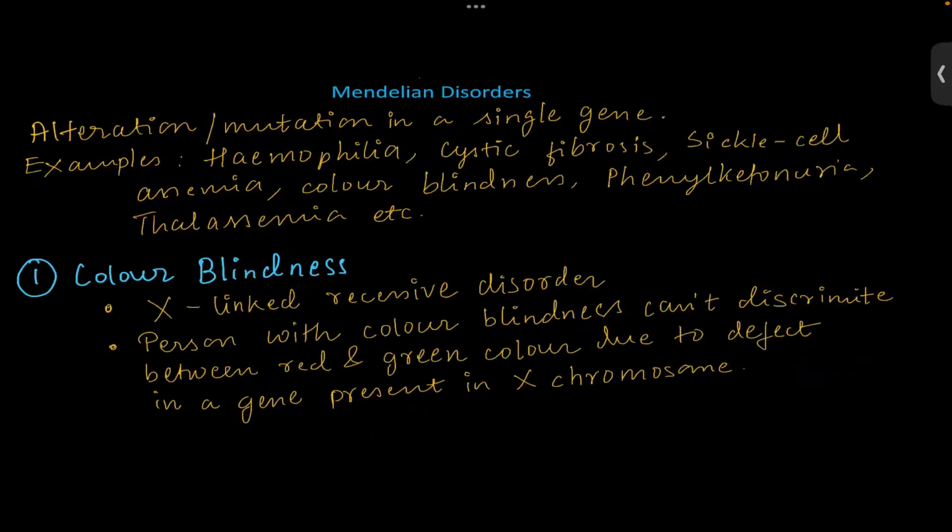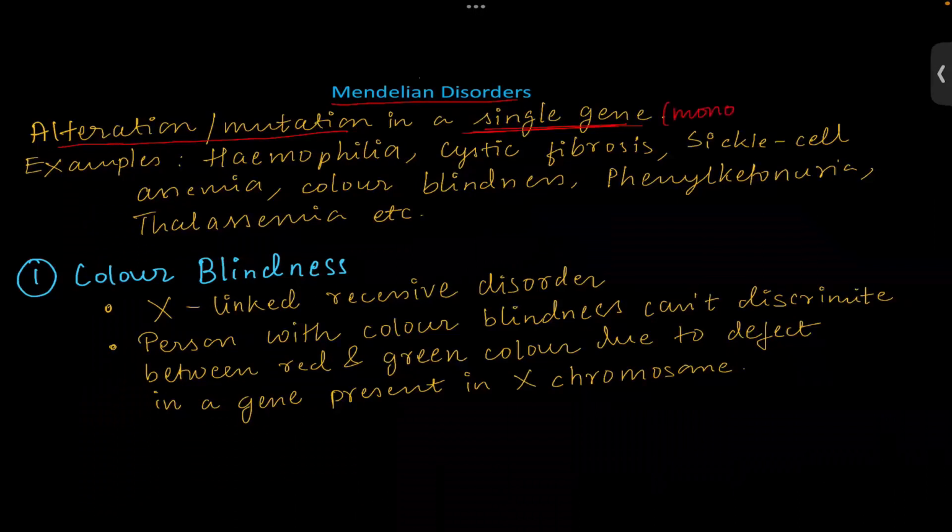Now, coming to Mendelian disorders, these are disorders which follow Mendel's laws of inheritance, and they have been reported because of mutation or alteration in one single gene. So these are monogenic disorders.